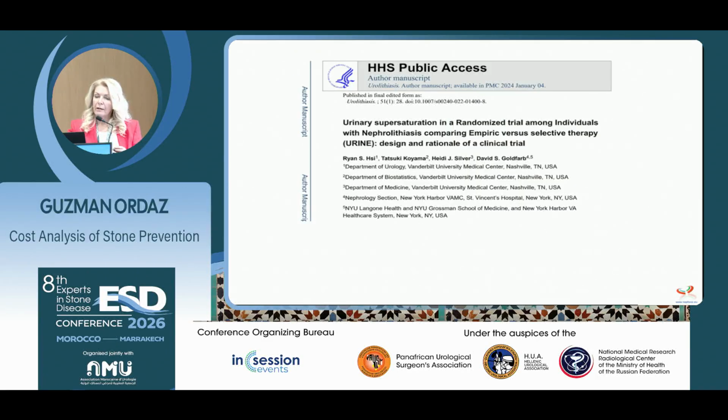And a randomized controlled study is underway. This is a US study that is currently recruiting patients, and it is randomized, comparing empiric therapy and targeted therapy. It is done by the group well known to us, led by David Goldfarb.